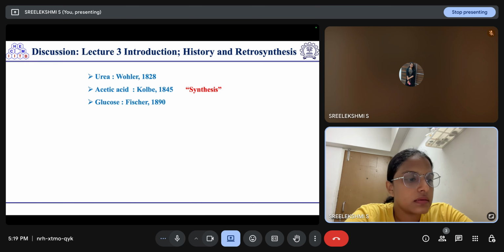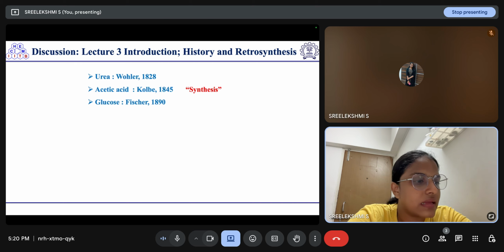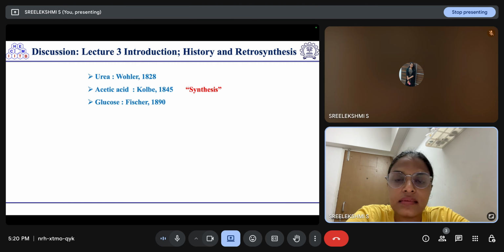The term synthesis was coined by Kolbe in 1845, when he synthesized acetic acid. Then in 1890, glucose was first synthesized in the lab by Fischer's group. Then in the 20th century, tropinone was synthesized by Willstätter, then Robinson, then quinine was synthesized in 1944 by Woodward.